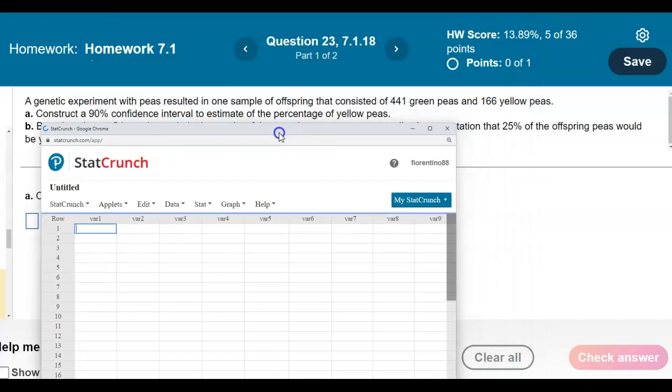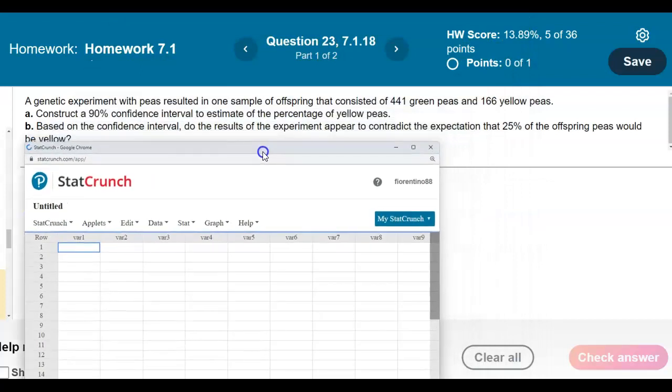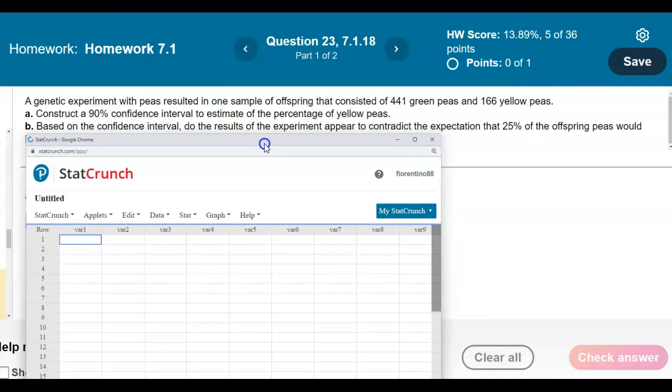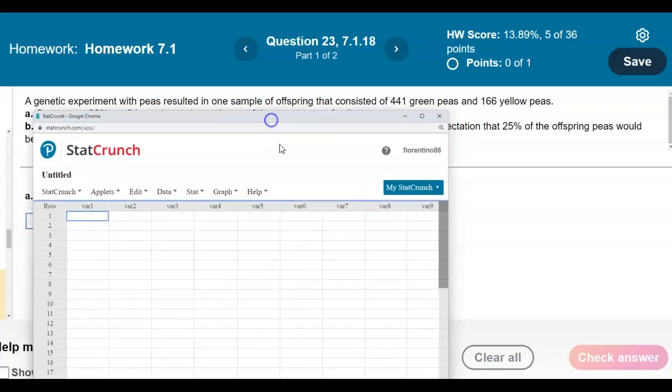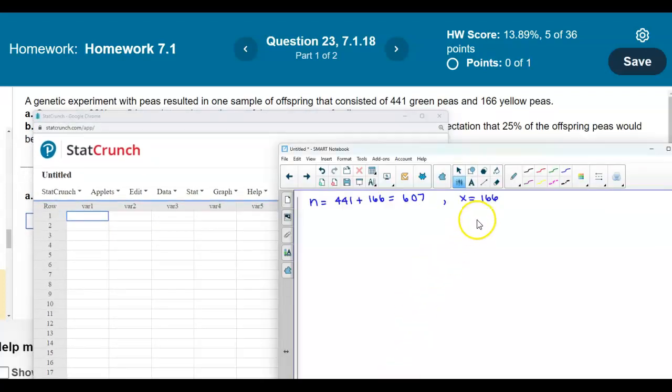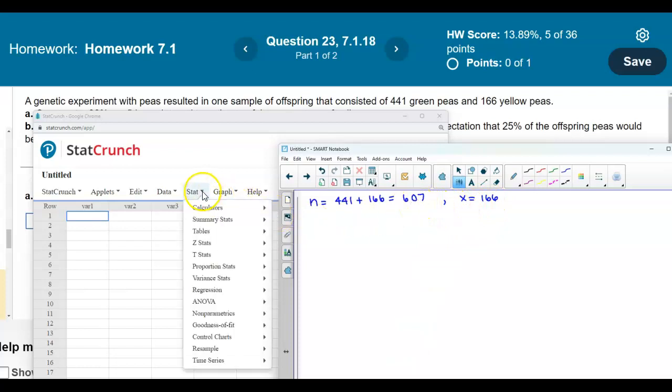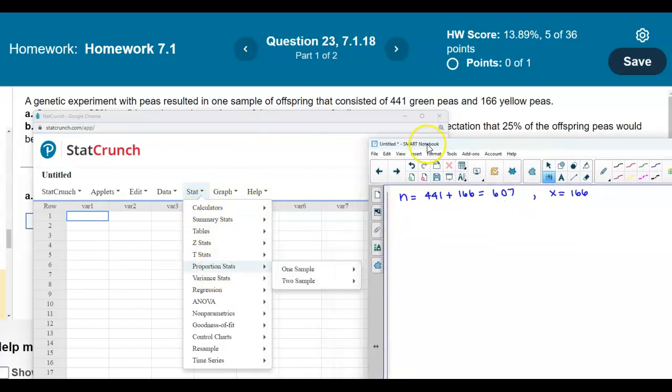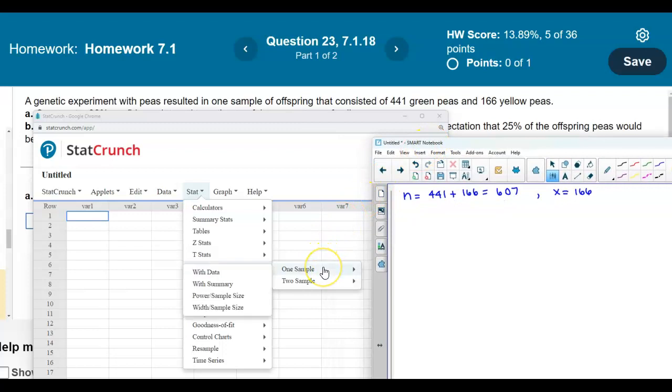Okay, now again here, what we're doing is finding the proportion, because we want to find the proportion of 166 to the total number of 607. So when we go to Stat, we're going to select Proportion Stats, and then from there, we're going to select One Sample.